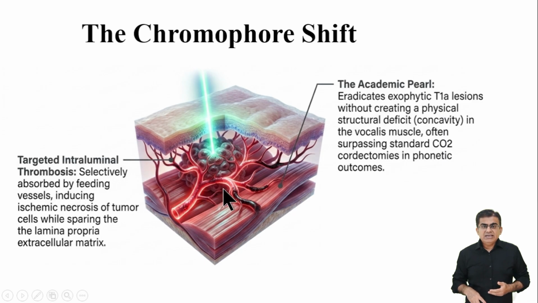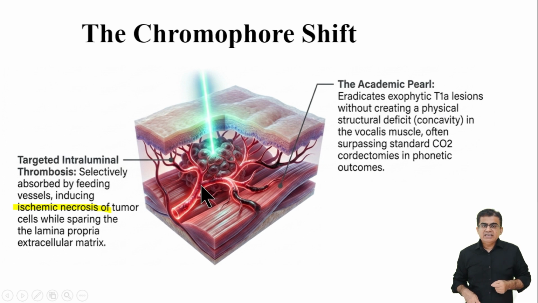This simply means it selectively destroys the feeding blood vessels of the cancer. The cancer cells safely die from a severe lack of blood, which we call ischemic necrosis. Most importantly, carefully look at the healthy tissue underneath the tumor. The laser perfectly spares the delicate extracellular matrix of the lamina propria.